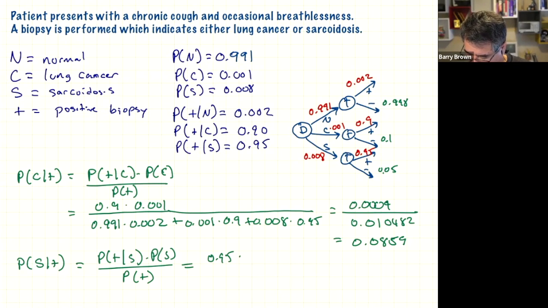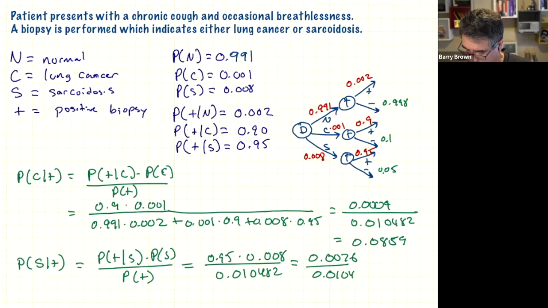Probability of S is 0.008. And the probability of plus, we've already worked that out, 0.010482. And we get 0.0076 over 0.010482. And this comes out to 0.725.